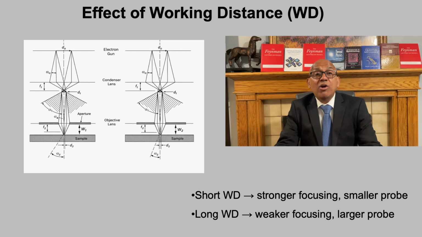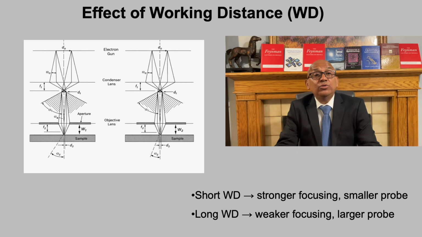This leads to a smaller probe size at the specimen and therefore better spatial resolution. As the working distance is increased, the lens focuses the beam more weakly. The probe arriving at the specimen becomes larger, which reduces resolution, even if all other conditions remain unchanged.